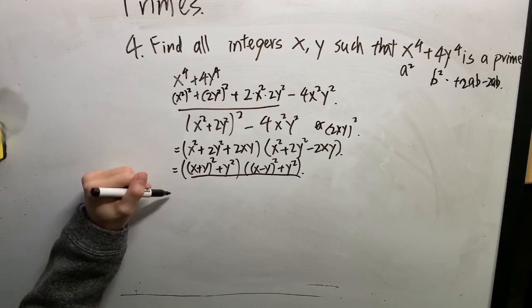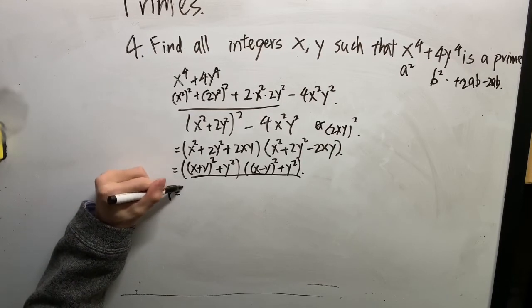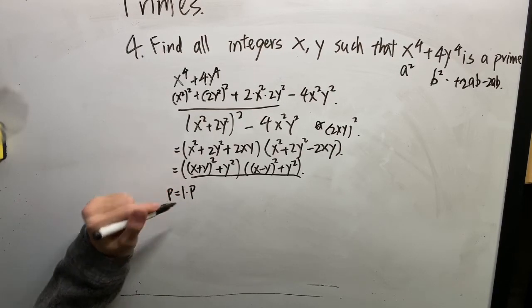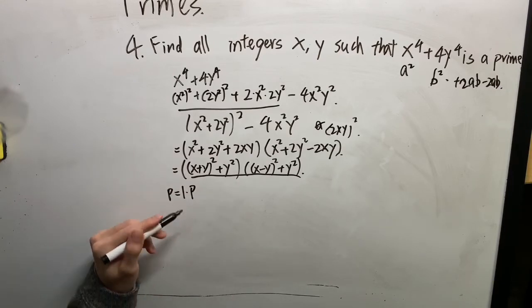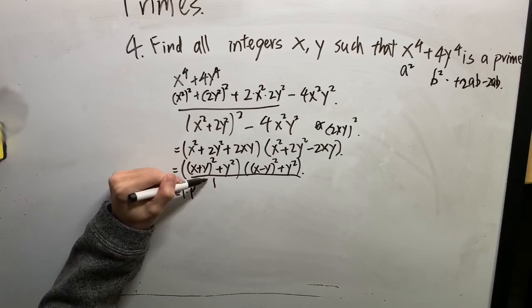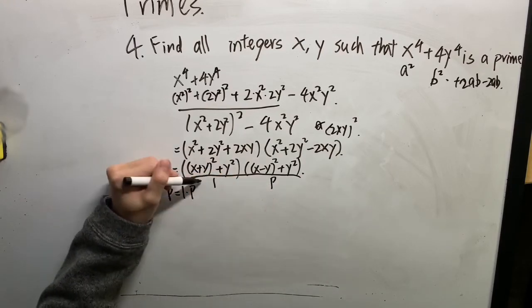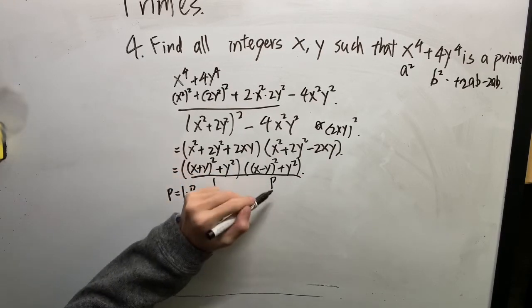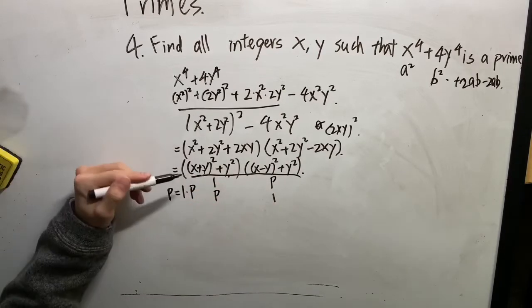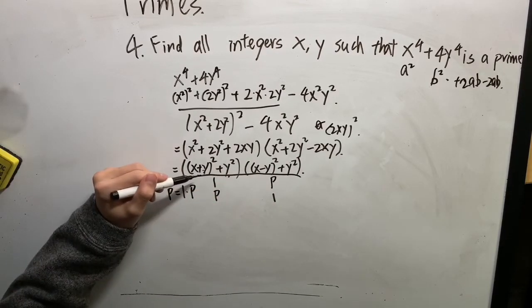However, a prime number only equals 1 times itself. So this must be 1 and this must be the prime number, or this is the prime number and this is 1. So now let's see the first situation.